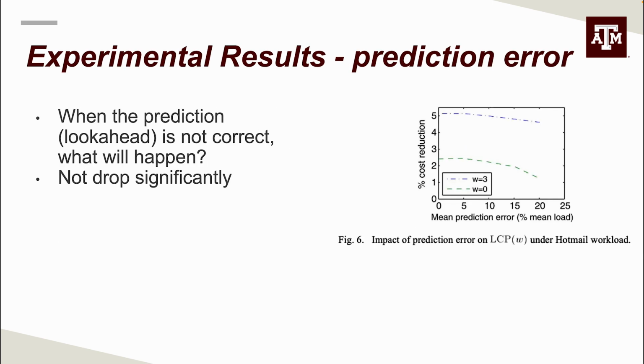Then we add prediction errors to simulate imperfect foresight. It tells us what will happen when the prediction is not correct. Even with this error, LCP performance does not drop significantly, highlighting its robustness to uncertainty.